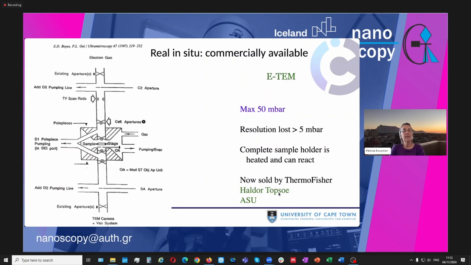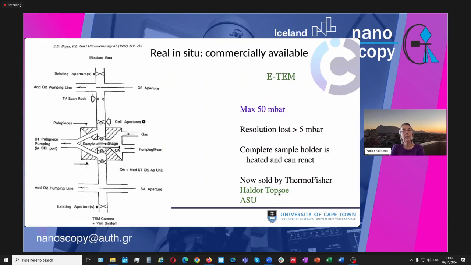They're just the straight walls of the microscope. But what they did is they literally drilled holes into the sides of the microscope so that they could let in gas, and then they would pump heavily, both at the other side and at the same side where the gas comes in, to make sure that the total gas pressure stays below 50 millibars.